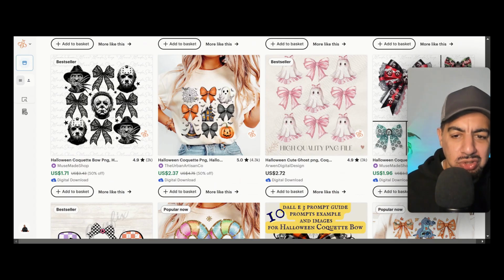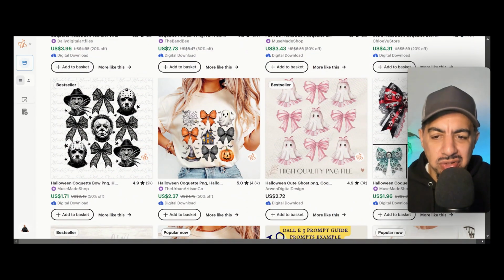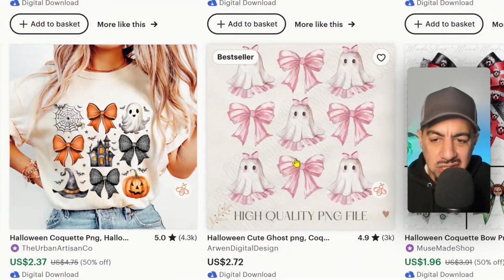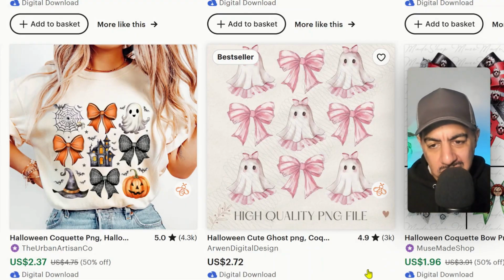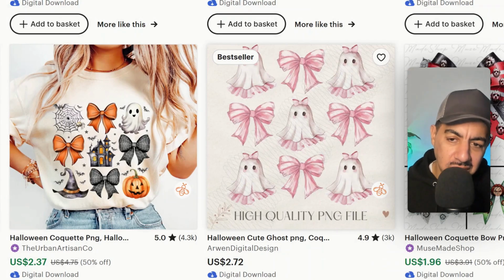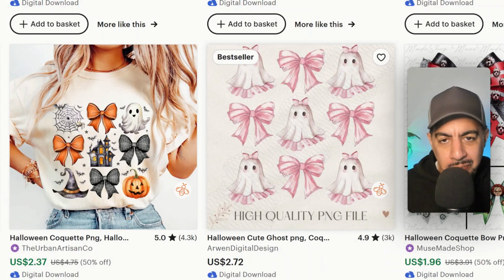But let me also jump on, and like I said, there are many different variations of this. If you look at this one, there's another style where you've got the pink coquette with the ghosts. Again, it has the undertones of Halloween. However, they have a different take on it because it's got this pink pastel style, which again is popular. And what people tend to do is amalgamate different ideas.